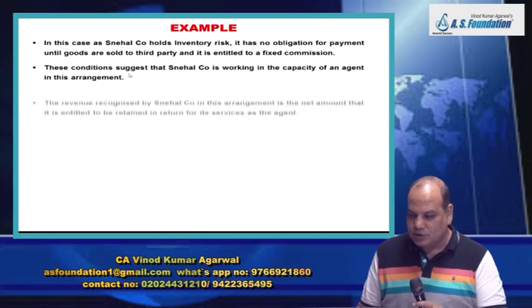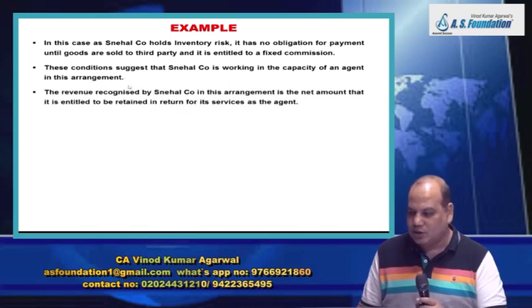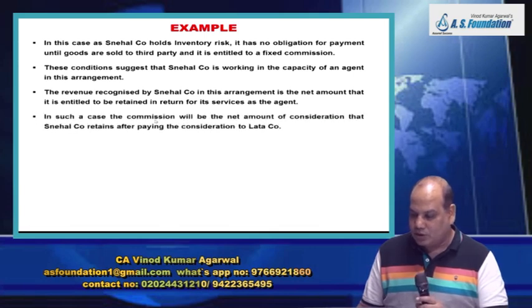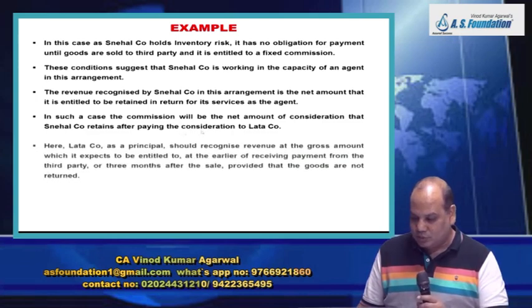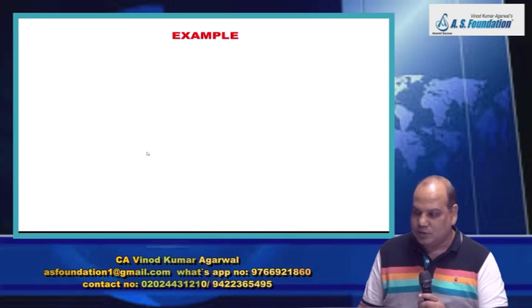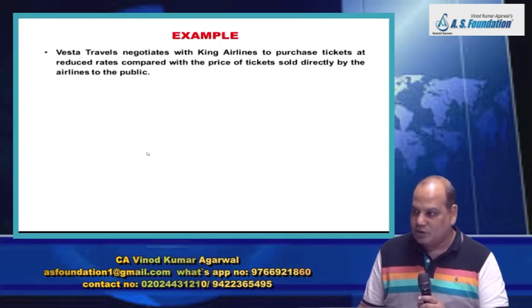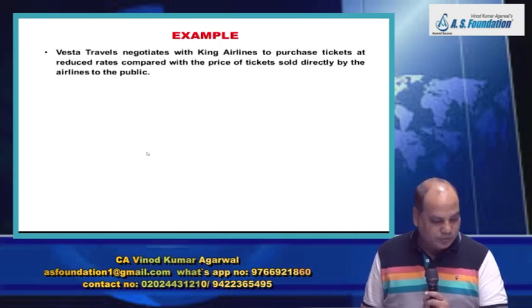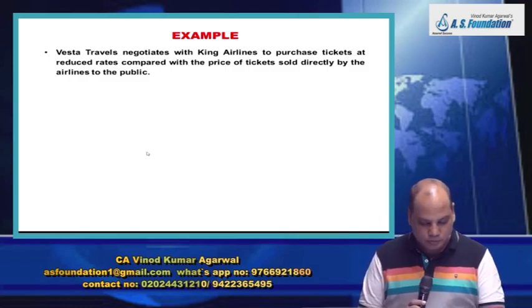This condition suggests that Snehal is working in the capacity of an agent in this arrangement. So revenue recognized in the books of Snehal would be the net amount. And in the case of Lata Limited or Lata Company, the amount of revenue will be the gross amount. Commission will be shown as an expense. Is this answer right? Now we will take a break.